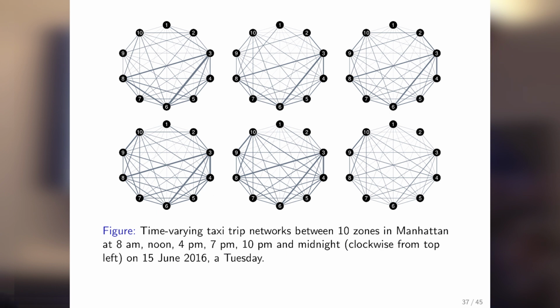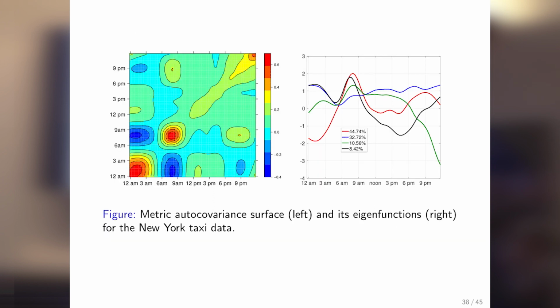So this is one day, but we have 363 days. We had to remove 3 days from that year because they were not complete records. So we have 363 such samples of time-evolving networks, and we look at the metric covariance, which again gives very intuitive results, because we see that the night time, 12 a.m. to 3 a.m., is negatively correlated with the peak morning commute time, and then again with the evening commute time.